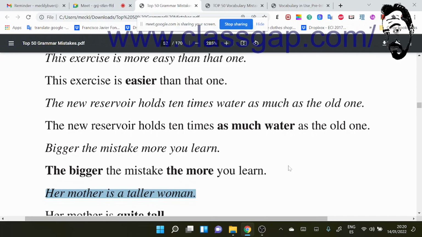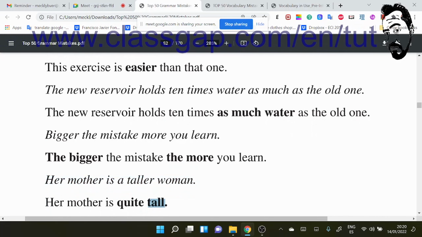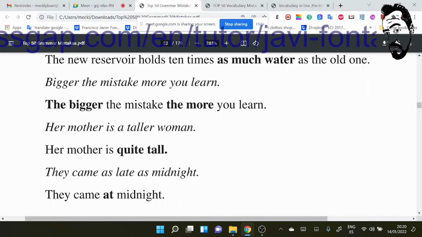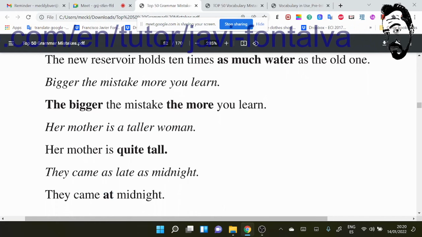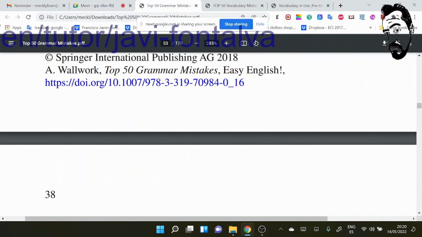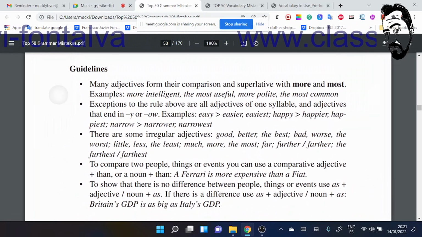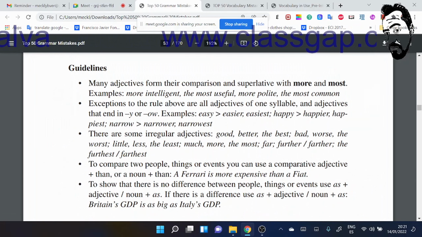I don't know. Her mother is quite tall, not taller, quite tall. They came at midnight. Let me show you first the rules, okay? And later I will show you correct sentences.